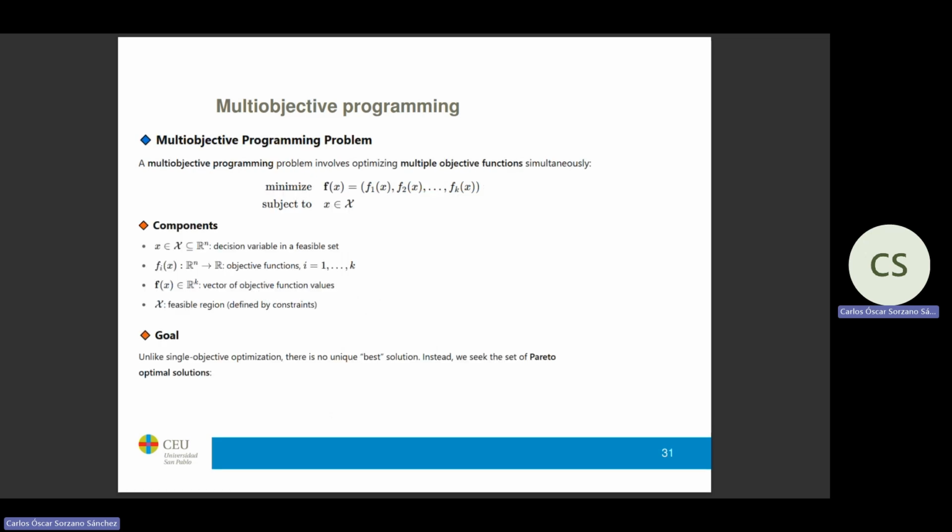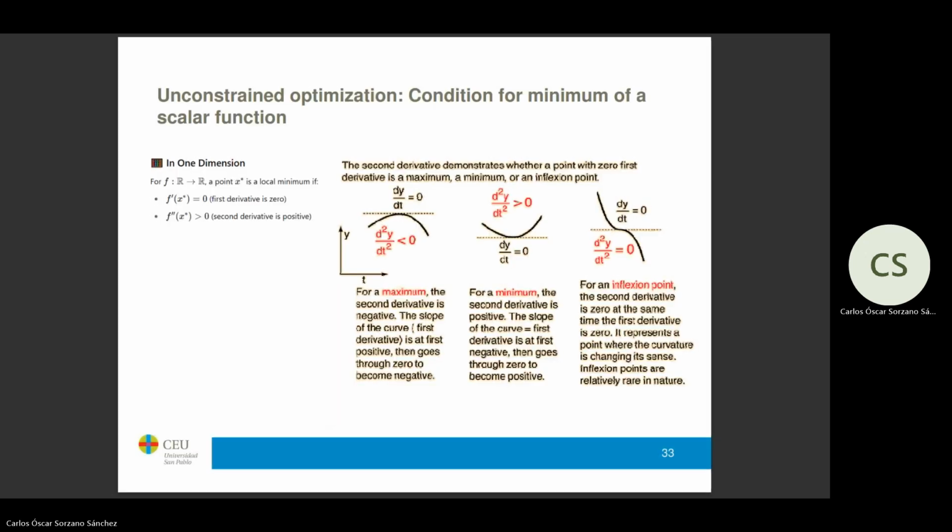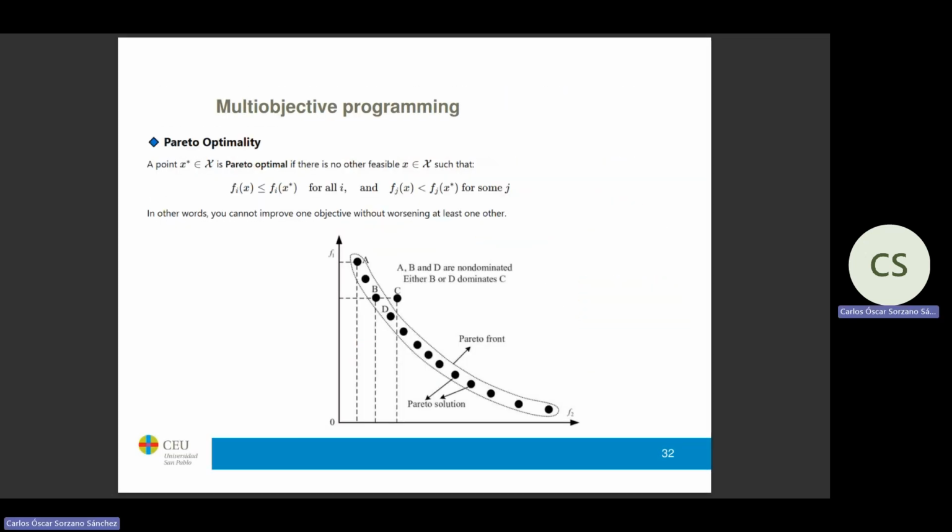If we want to optimize several criteria at the same time, there will be a point in which you cannot get better without sacrificing some other criterion. And then you have to decide for your company where you want to be. But from the point of view of the optimization criteria, all these points are equally good. Okay, any questions?